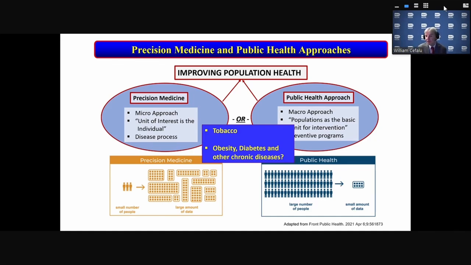But is that as effective as public health measures that will tax cigarettes, limit where you can smoke, put restrictions and warnings on the packages? So I'm trying to show you the differences between a public health approach and a precision medicine approach to a common problem. But can we apply that to the diabetes global burden?